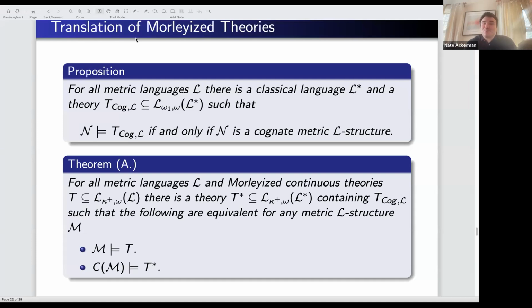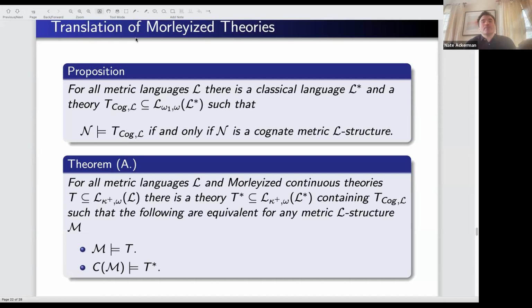Likewise, if I have a connective, which is just a cognate metric map from the reals to the reals, I can compose that with my formulas. And I can identify via a sentence of L omega 1 omega what it means for one metric map to be the composition of a connective with another cognate metric map.